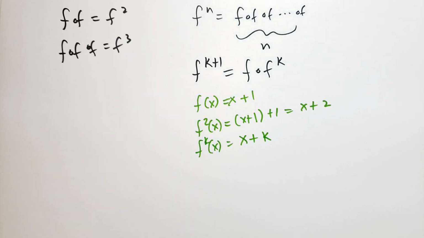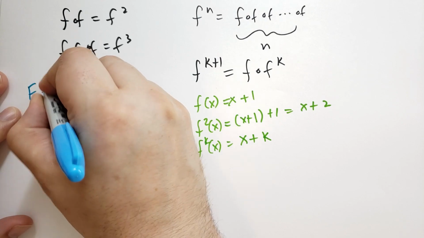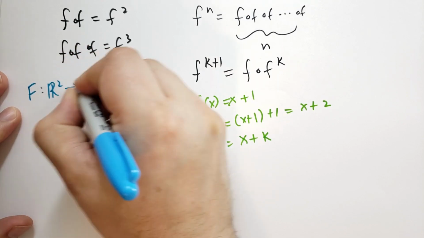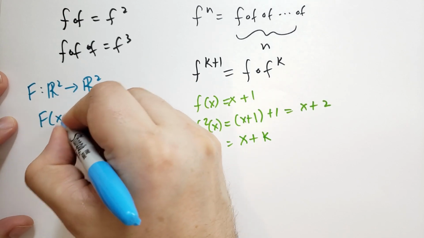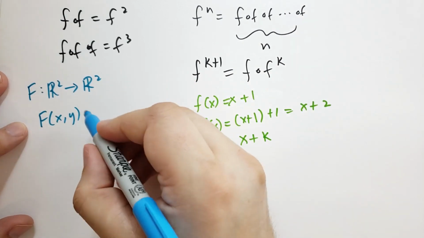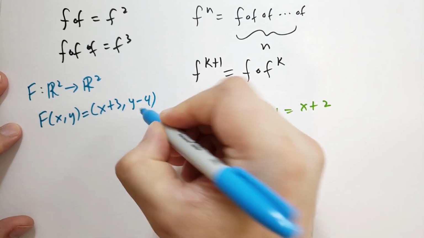Suppose we had capital F, which maps points in the plane to points in the plane, such that F of the xy coordinates of a point gives you x plus 3 and y minus 4.